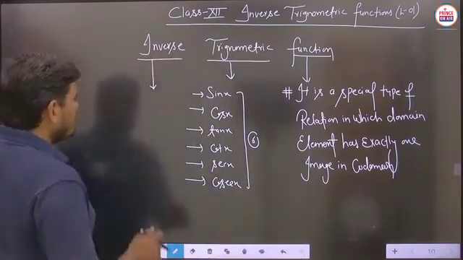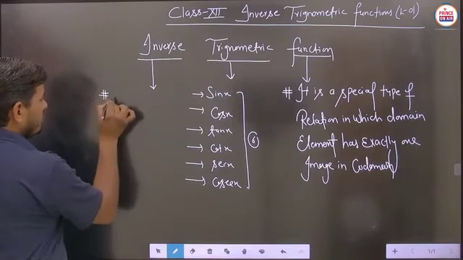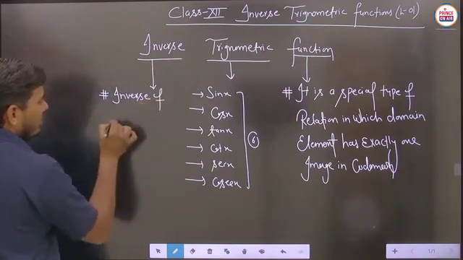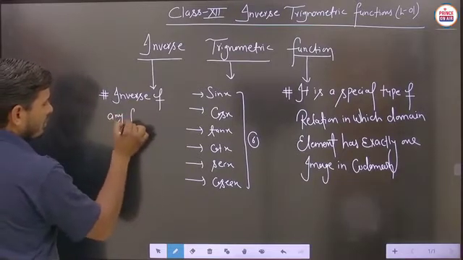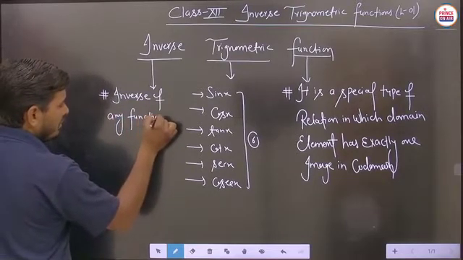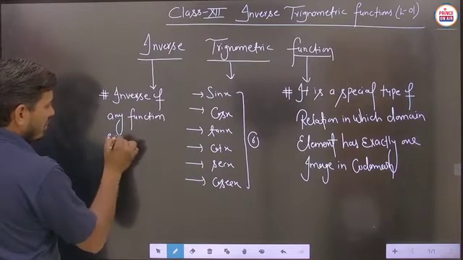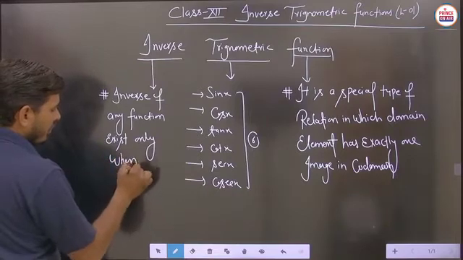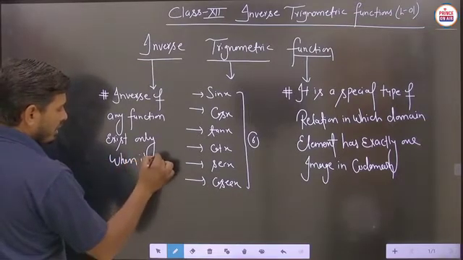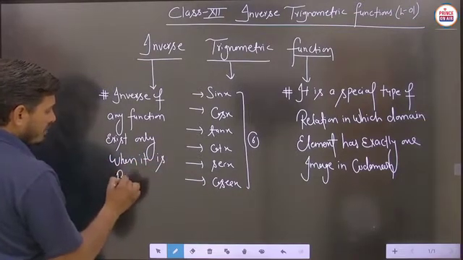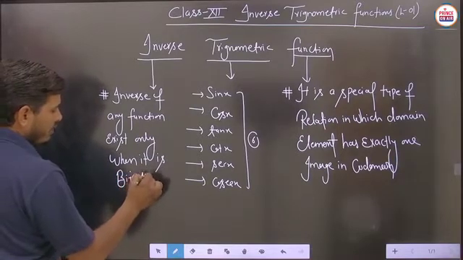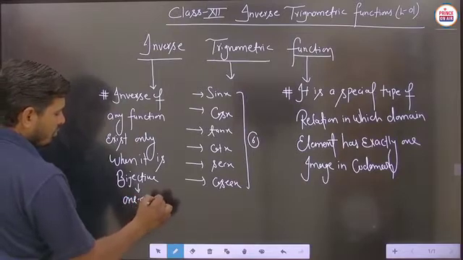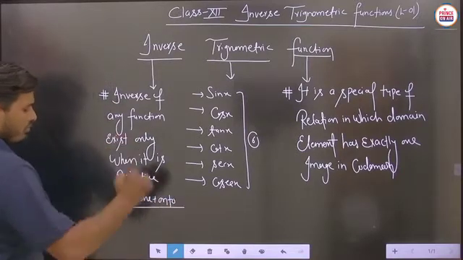So this particular line is very important here: the inverse of any function exists only when it is bijective, or bijective means the function should be 1-1 plus onto. Is it clear?